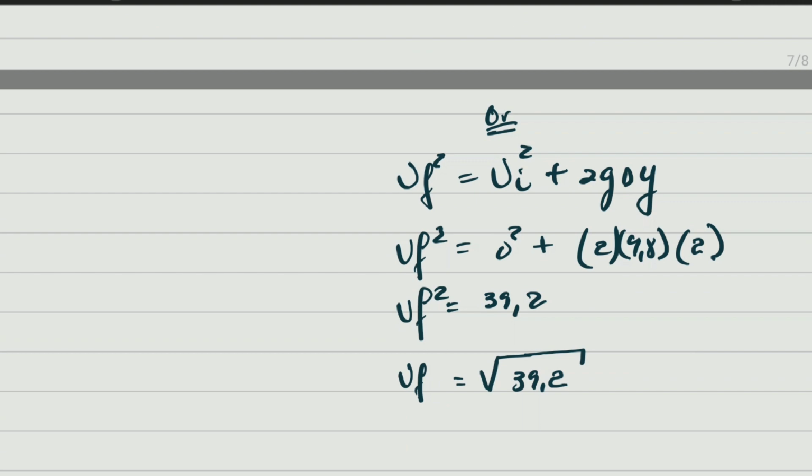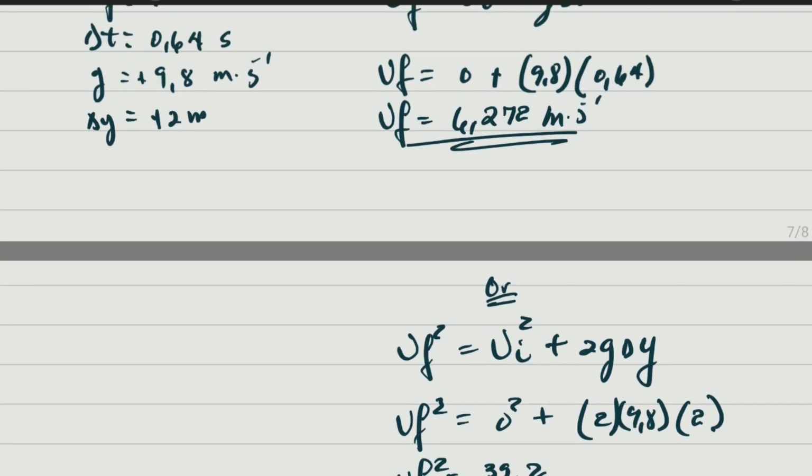If you use this one, then the answer is going to be 6.261 meters per second. Now note the following, there's a tiny difference in the decimals between that answer and this answer. Now why is that so, you may ask?